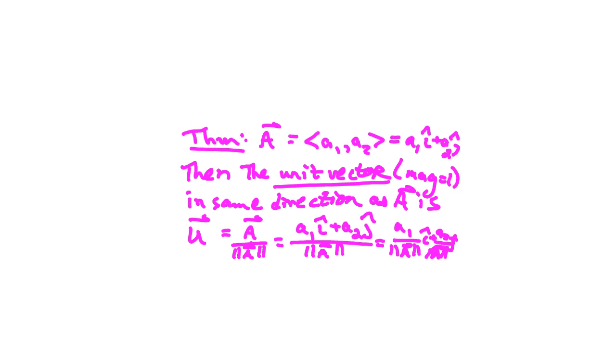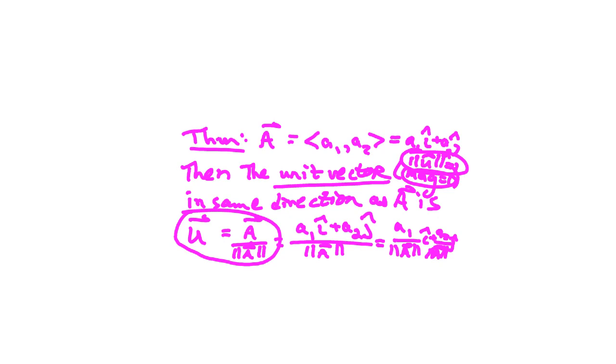But I like to think of it as the unit vector in the same direction is a vector divided by the norm of a. Okay, and of course, what's the norm of the u vector? The norm of the unit vector, the magnitude that I was talking about, always equals 1. Okay, always equals 1. So let's go back and look at my example once again, if I can remember it.